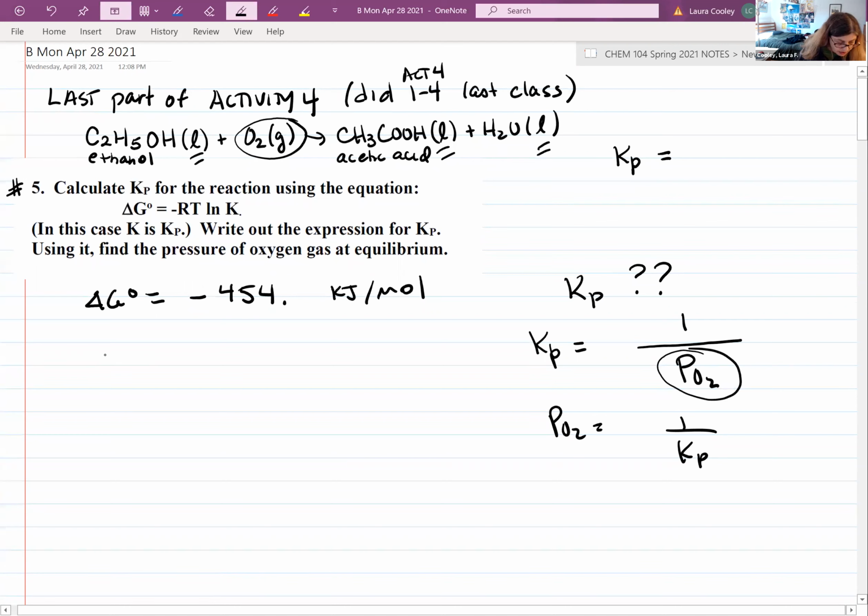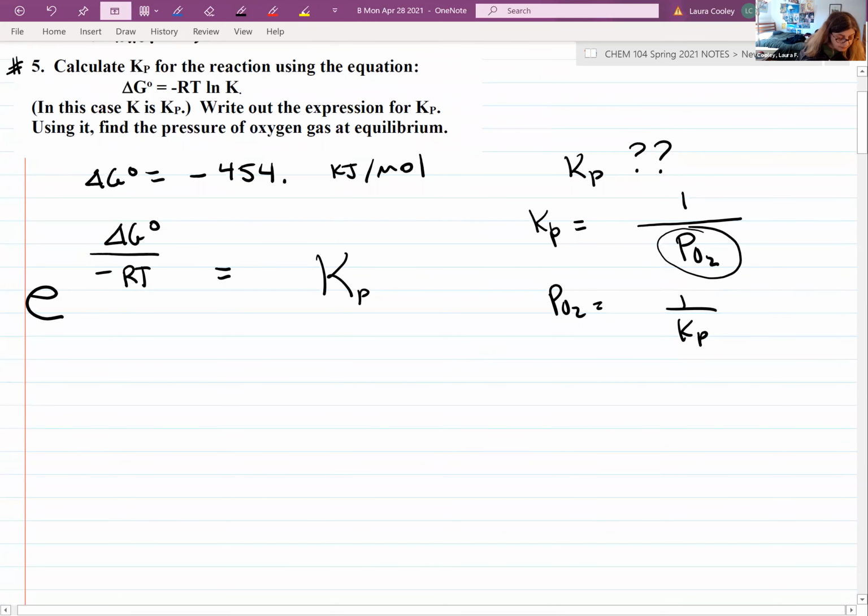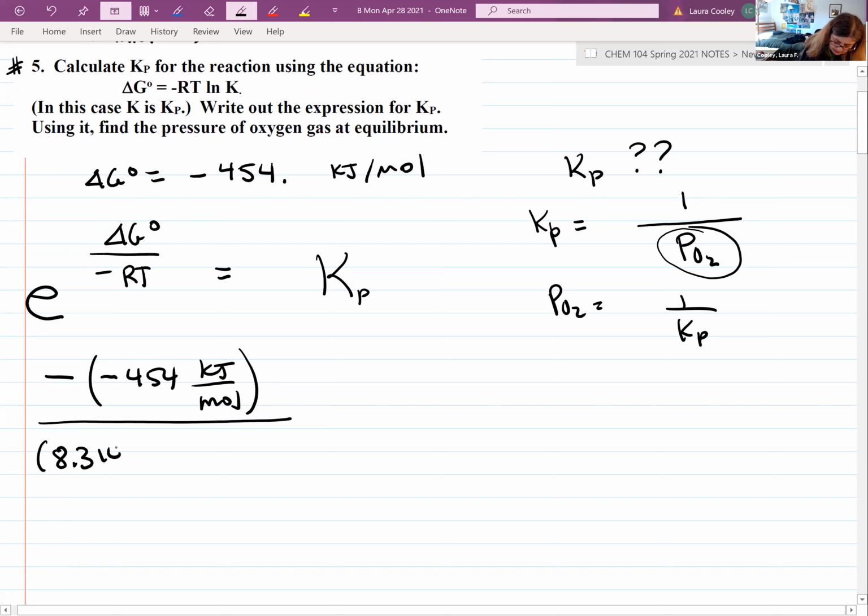So delta G0 is minus RT log of Kp. So we know that delta G0 over minus RT, that E to that is going to be equal to the K, which in this case is Kp. All right, so let's do it. We have negative 454 kilojoules per mole. That's delta G. Take the negative of that and divide it by RT.